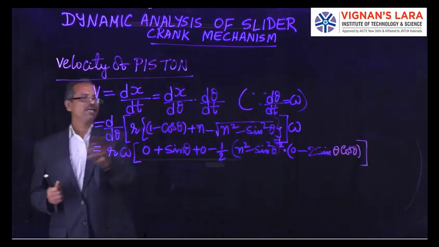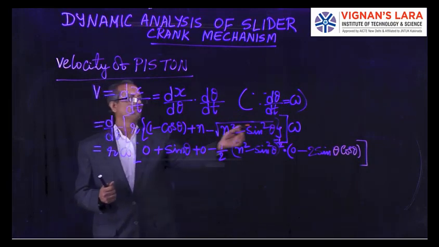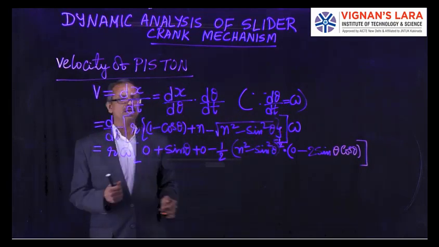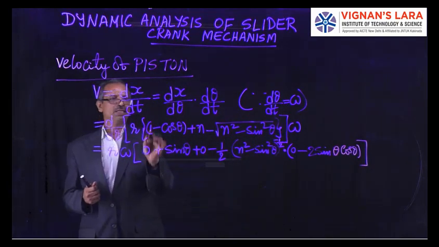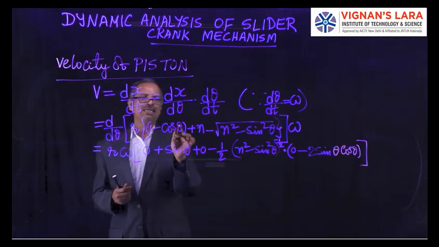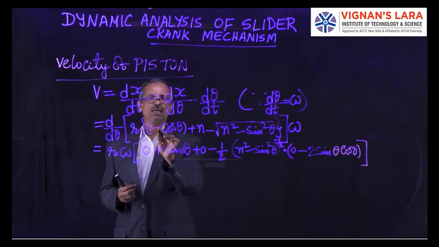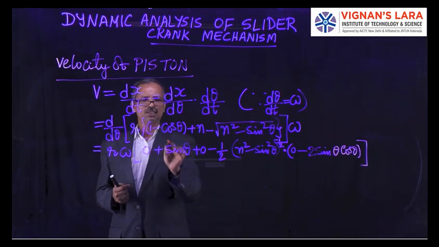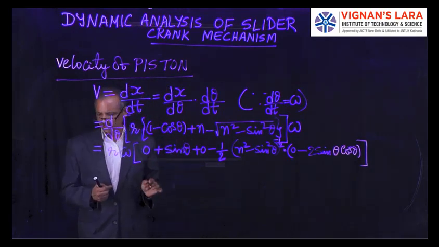So I have taken r out and omega is here, r omega. Then differentiation of 1 is 0. Cos theta is minus sin theta. Already here one minus is there. Minus of minus is plus sin theta.